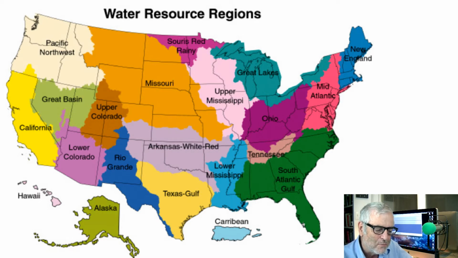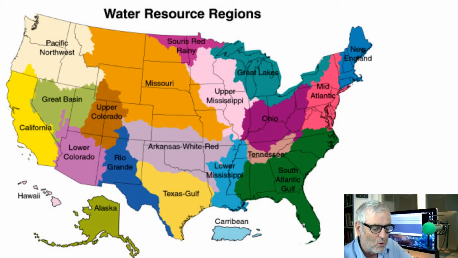The lower Mississippi includes the eastern part of Arkansas, the westernmost part of Tennessee, the western part of Mississippi, and almost all of Louisiana, but not all of it. Some of that is the Red River drainage, which is part of the Arkansas-White-Red region. That's a different region where they manage the resources in that vicinity.